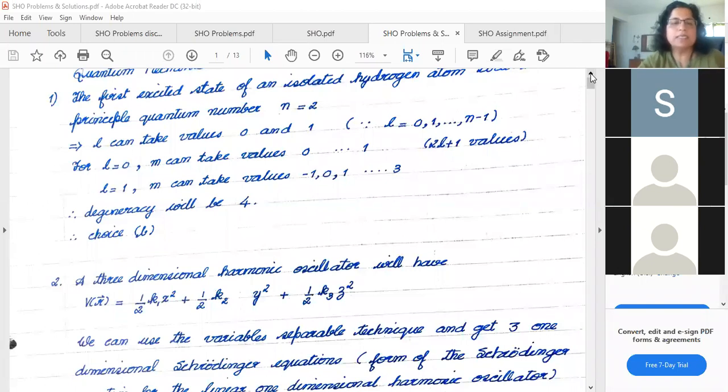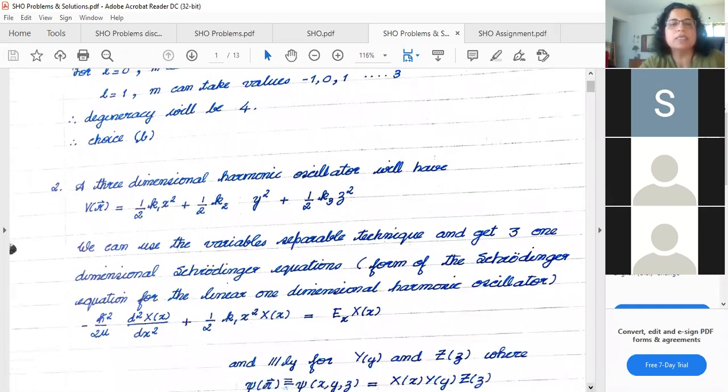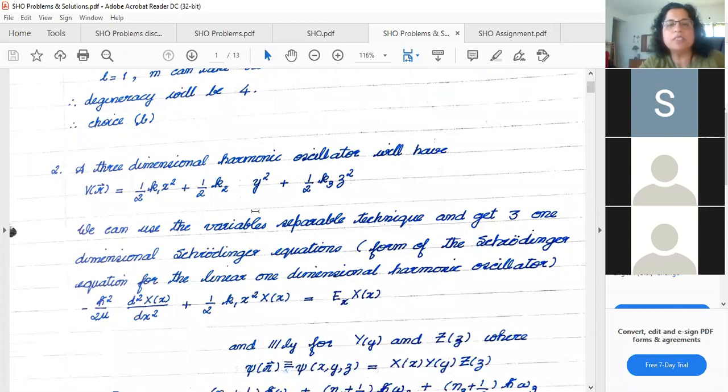So you have been asked about an isotropic three-dimensional oscillator. A three-dimensional oscillator by rights should have a potential energy in all three directions, so it is ½k₁x² + ½k₂y² + ½k₃z², or you could write kₓx², k_y y², k_z z². It doesn't matter.